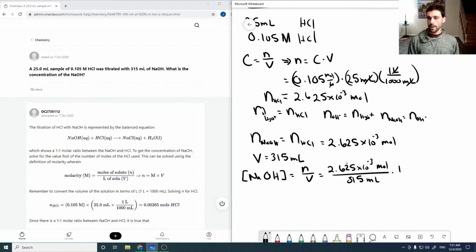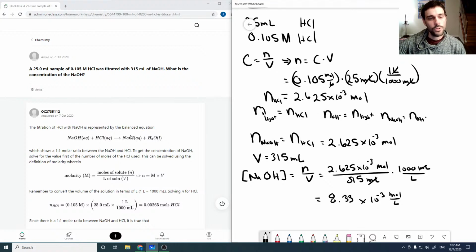So we multiply by 1,000 mL per liter. The mL cancel, giving us a concentration in moles per liter, which is what we want. And this comes out to be 8.33 times 10 to the minus 3 moles per liter.